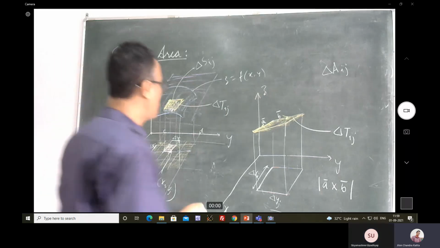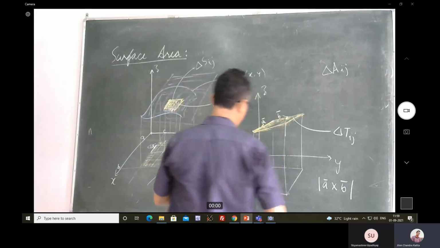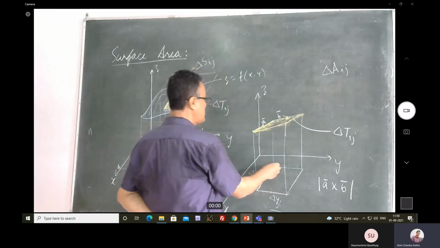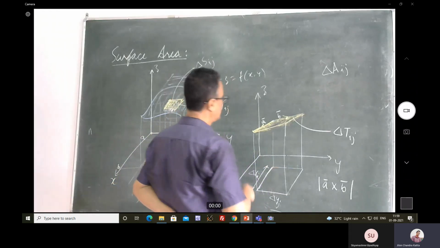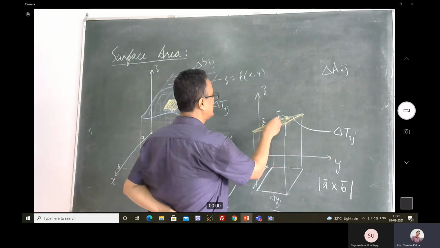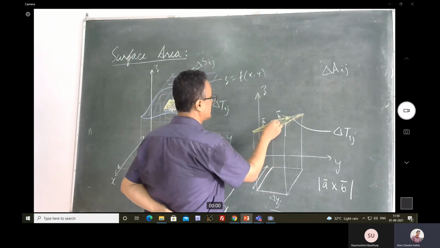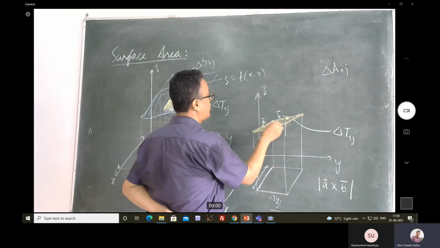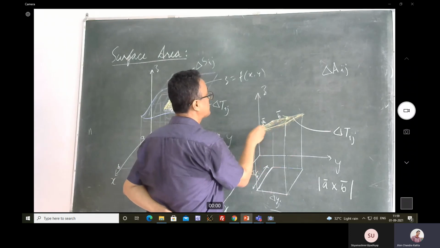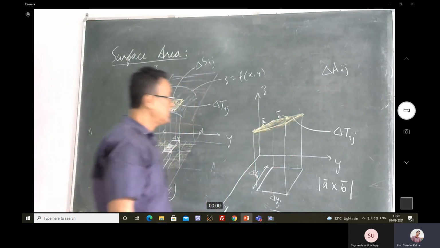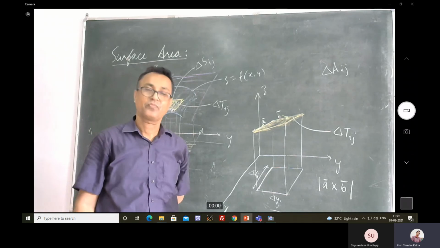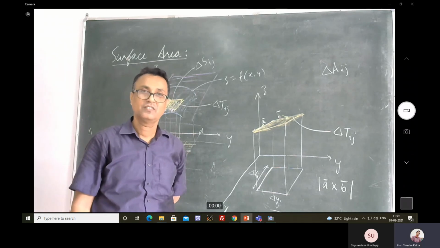Fine. So now let us see this situation here. You can see that this plane, or for that matter this vector, is going to lie in the xz plane. Okay.